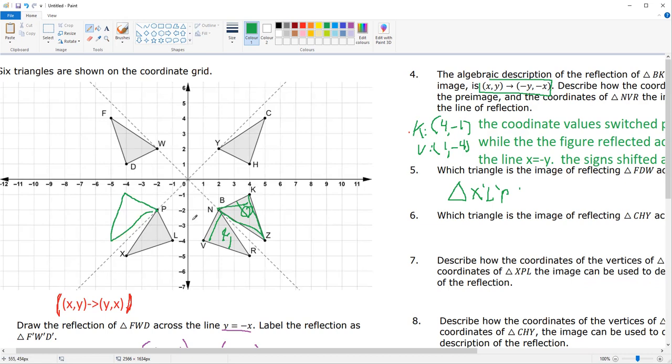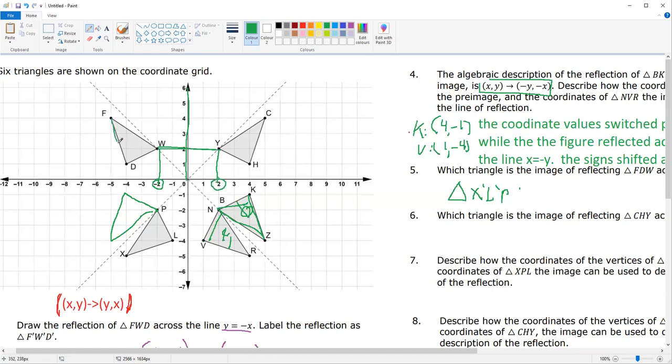Okay, the next one is which triangle is the reflecting image of triangle CHY across the y-axis. So across the y-axis, well, that kind of narrows it down. There was one over here too, but you can see that you have 2 and 2, and then 2 and -2. When you flop something across the y-axis, the x value changes, whereas the y stays the same.